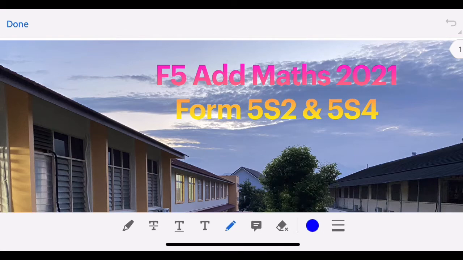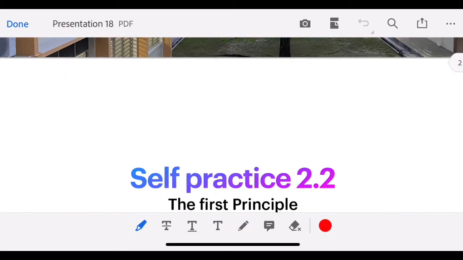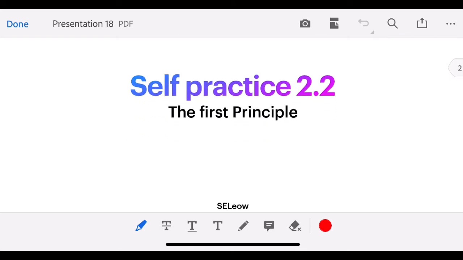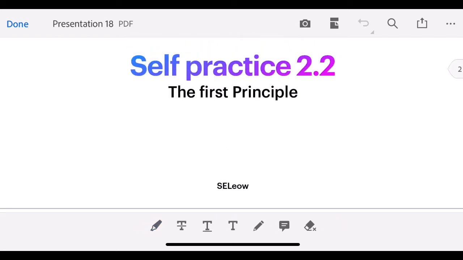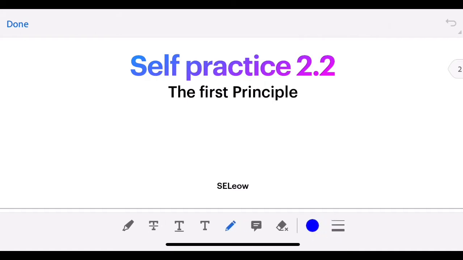Today I would like to teach you the first principle for self-practice 2.2. I have actually discussed the method for finding dy dx, or we call it the first derivative, right?